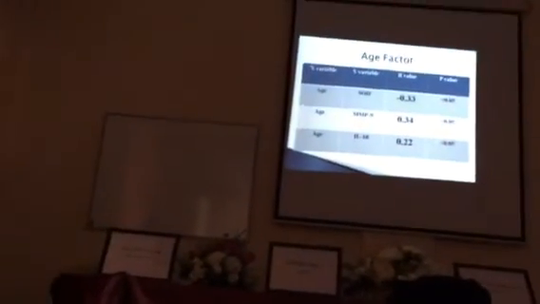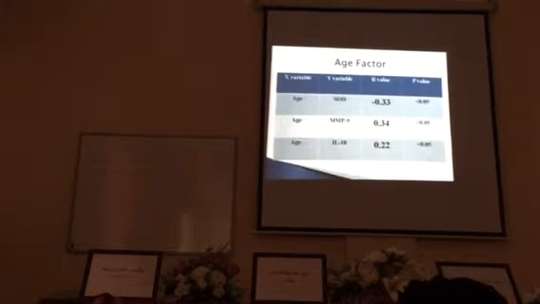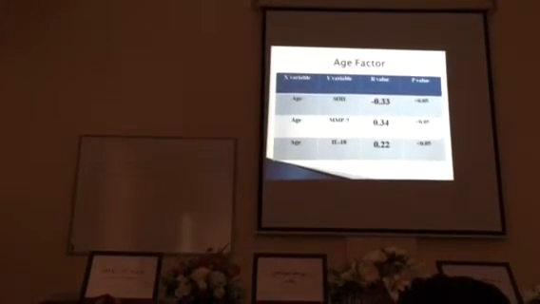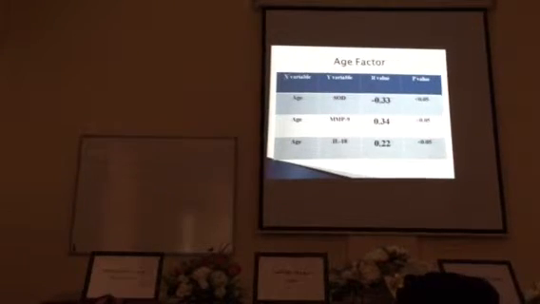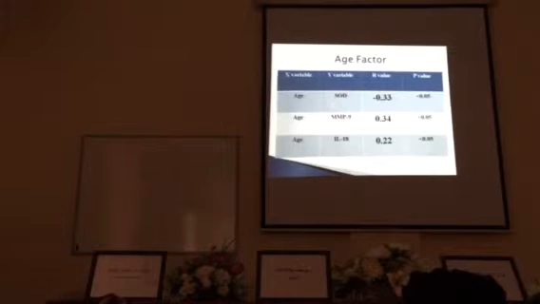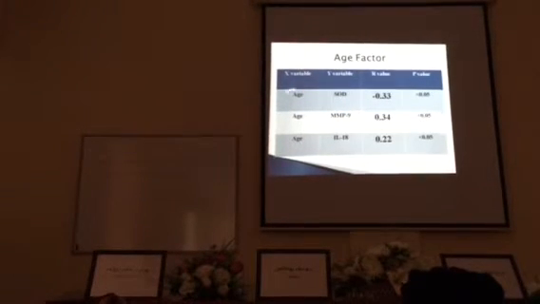Regarding age factor, as you see here, there is significant weak correlation between age and the studied parameters. So the effect of age on the studied parameters in the population of our study was weak, maybe because all the participants in our study were of old age, so there is no big difference in age variation between the participants.